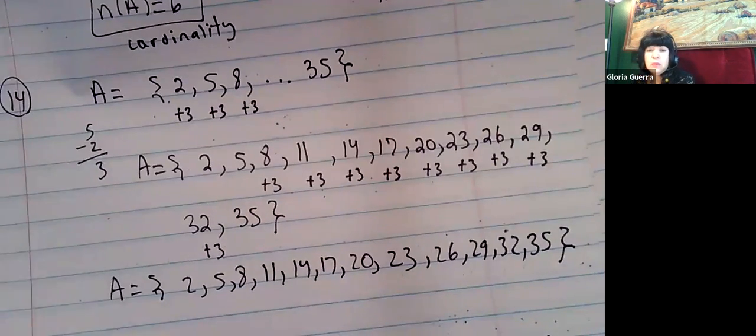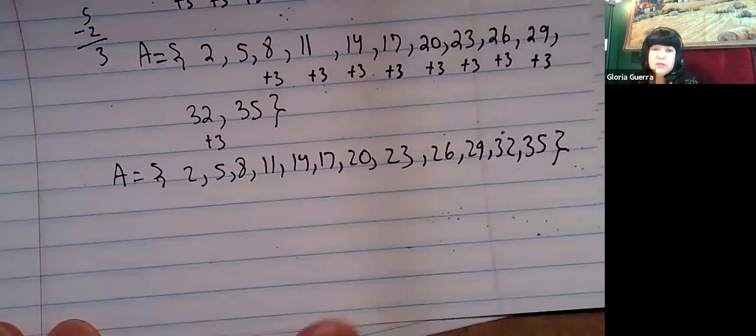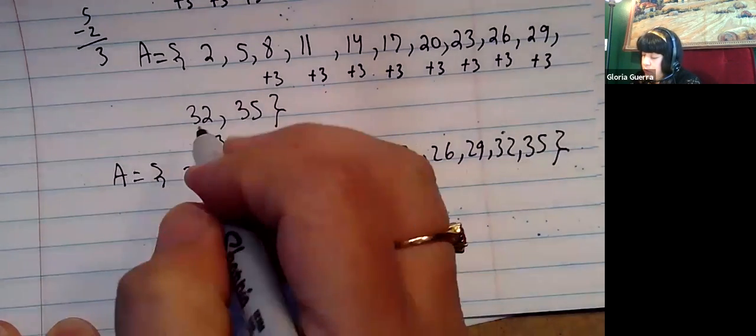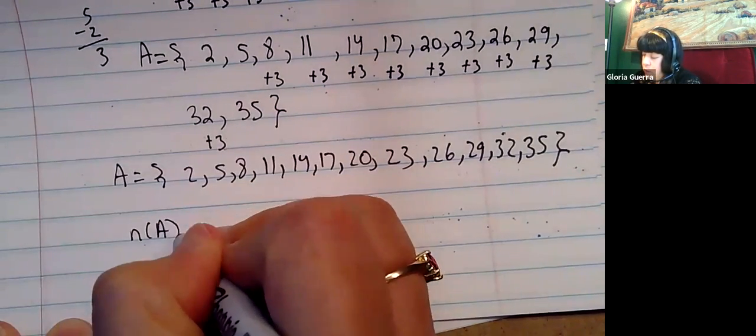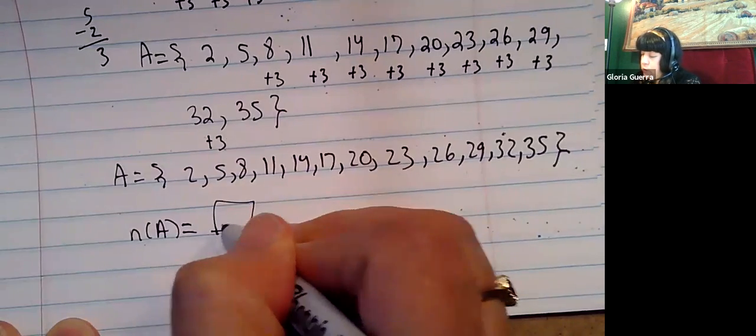Okay. And then again, the name of it is A. If it had been B, I would have said N of B. C, I would have said N of C. But this is again the set A. So N of A equals, and so I'm going to count.